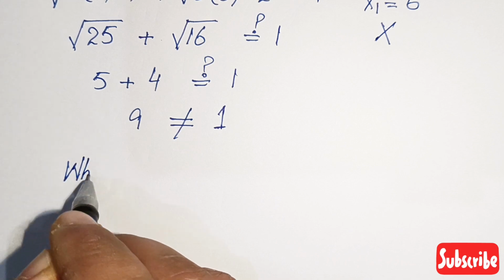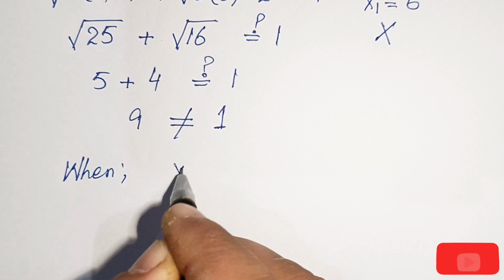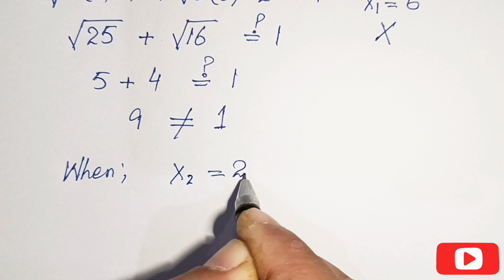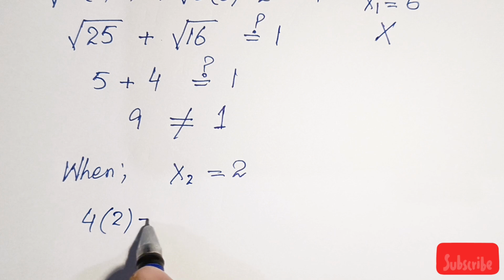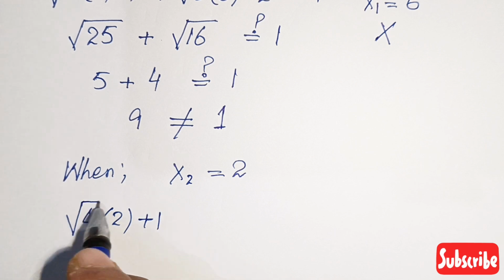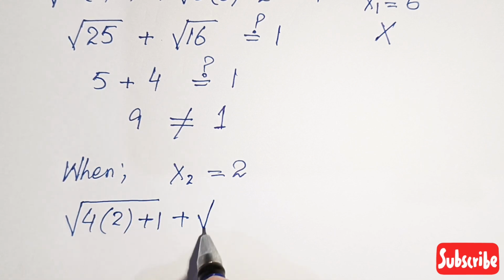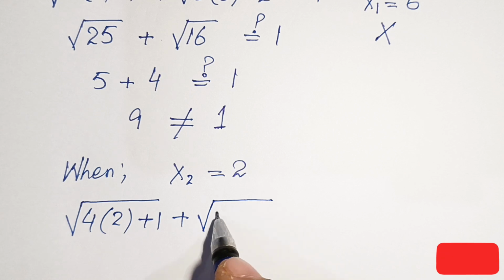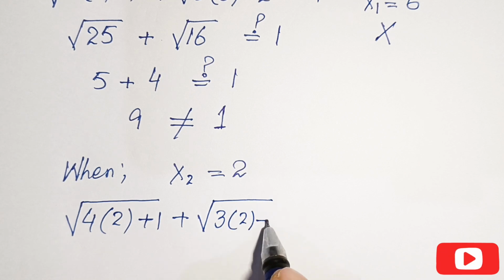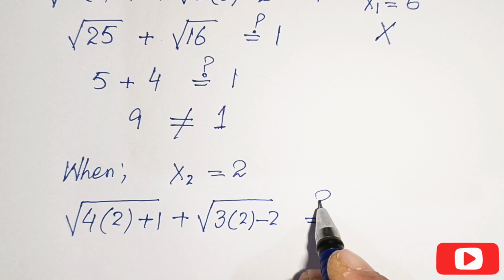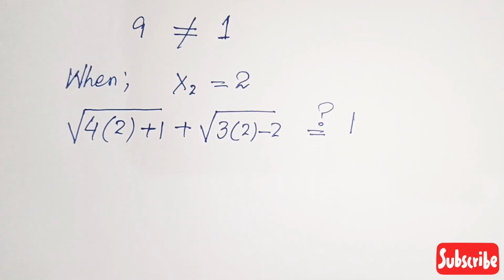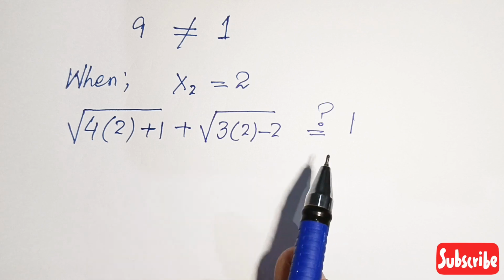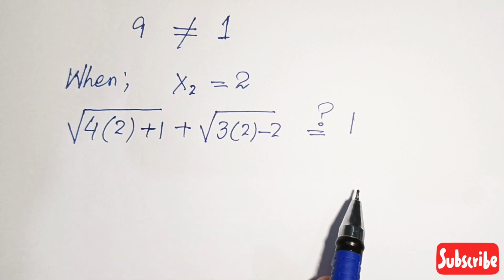So when x2 is equal to 2, then square root of 4 times 2 plus 1 plus square root of 3 times 2 minus 2, is it equal to 1? So we have to find here that the left hand side of this equation should be equal to the right hand side.